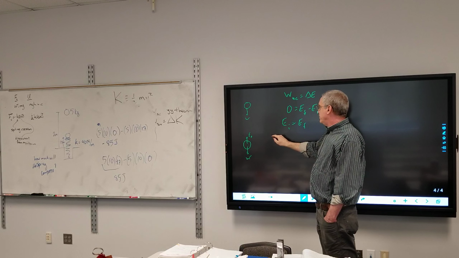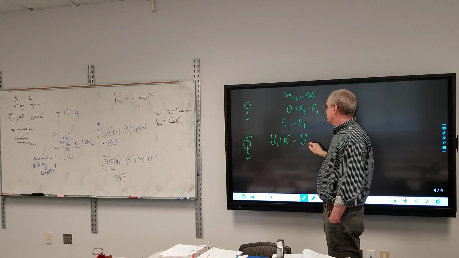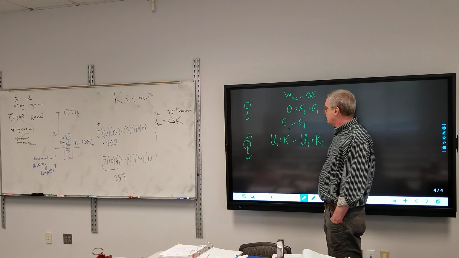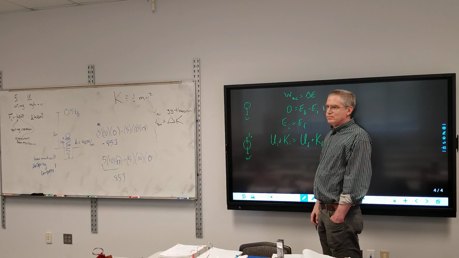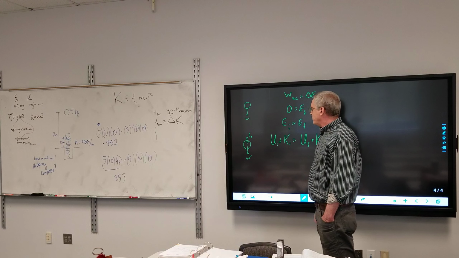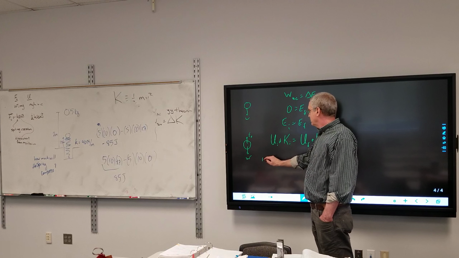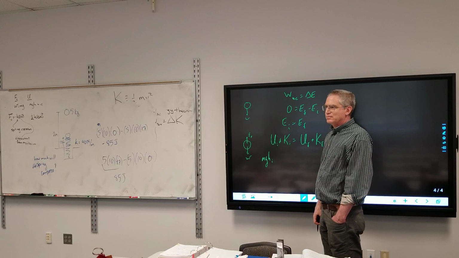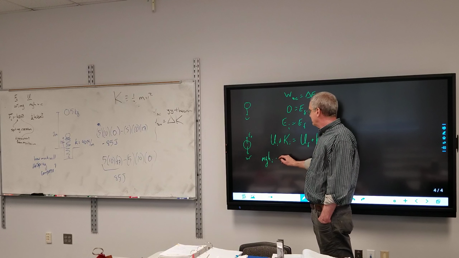I have two types of energy, potential and kinetic. What's the formula for potential energy? The one associated with weight: mgh. The one associated with elastic force: 1/2 k delta x squared.